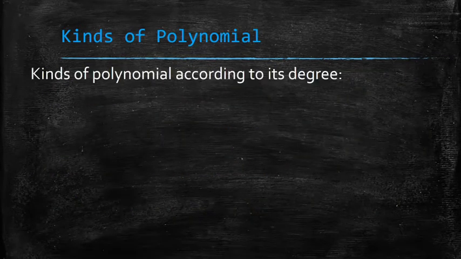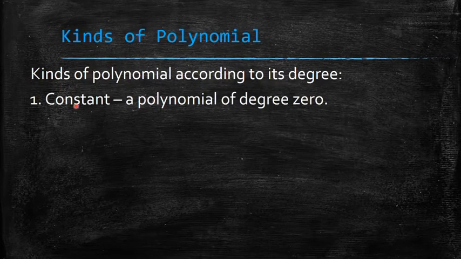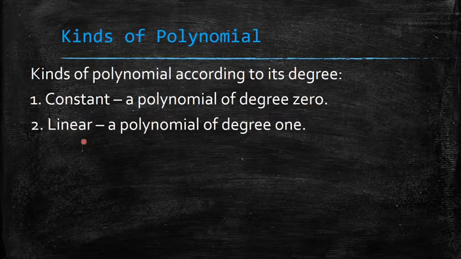Now, we also have kinds of polynomial according to its degree. Number 1, constant, if the polynomial has a degree of 0. Number 2, we call it a linear polynomial if a polynomial is of degree 1.